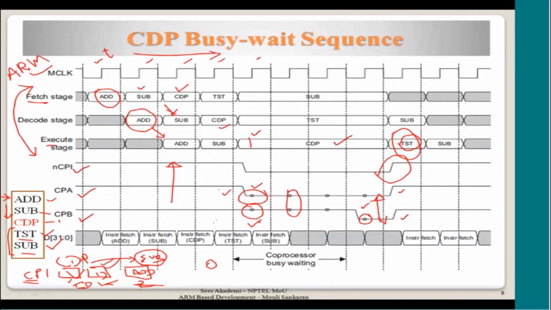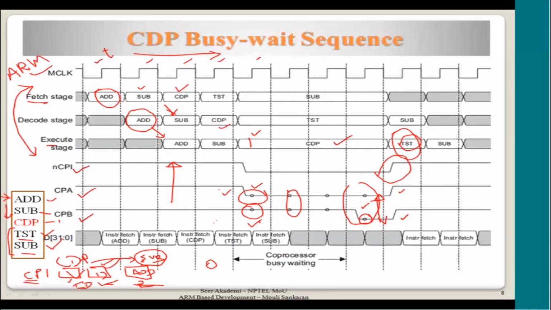If it continues to be low, even if the next instruction which doesn't belong to this coprocessor is in the execute stage, ARM may interpret the signal and decide that this instruction is also accepted by a coprocessor. So these two signals should be brought high immediately to avoid that confusion. Because remember, the CPA and CPB signals are driven by multiple coprocessors.